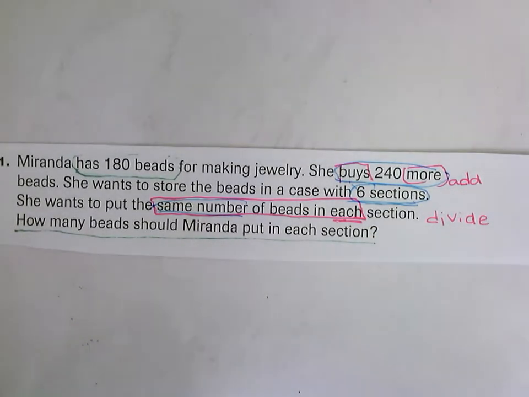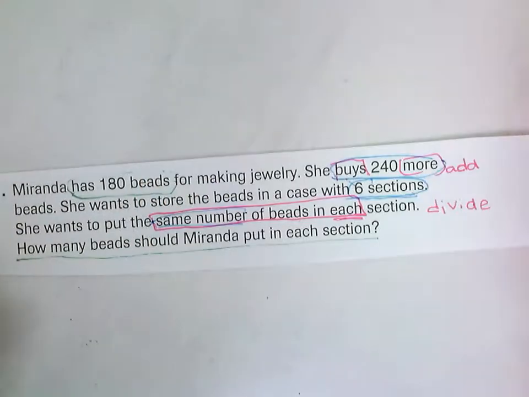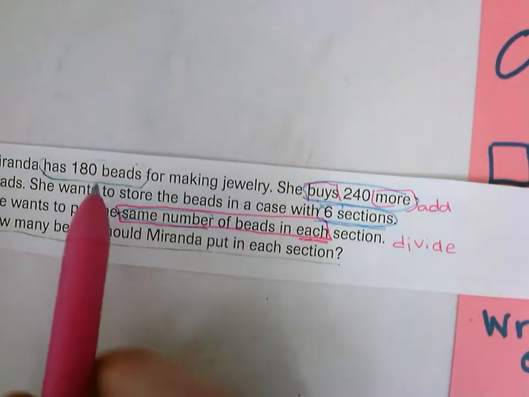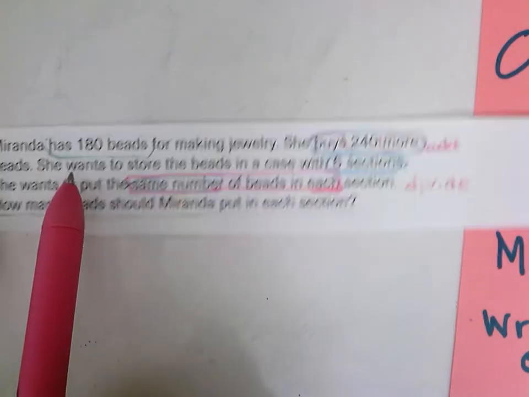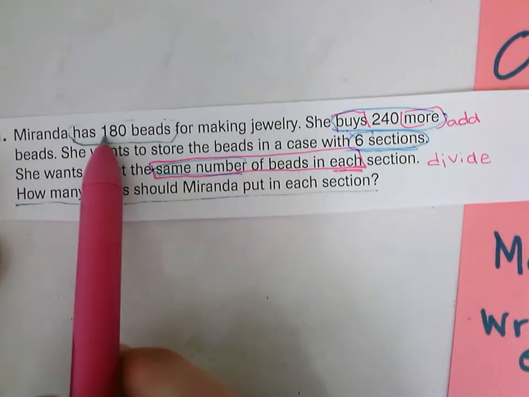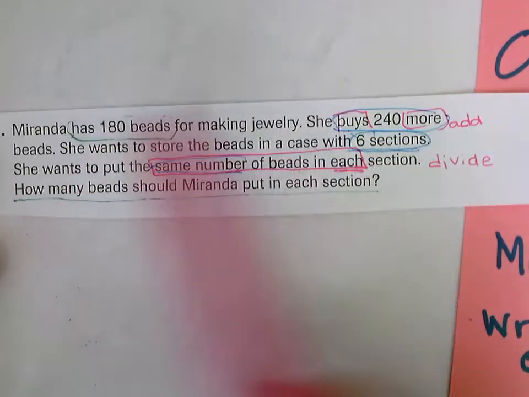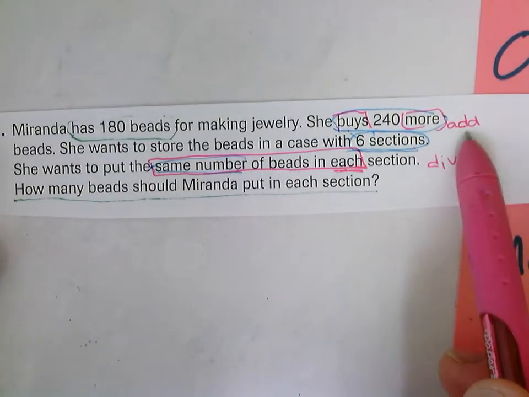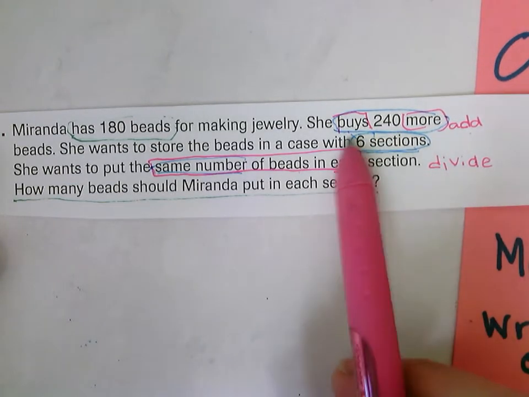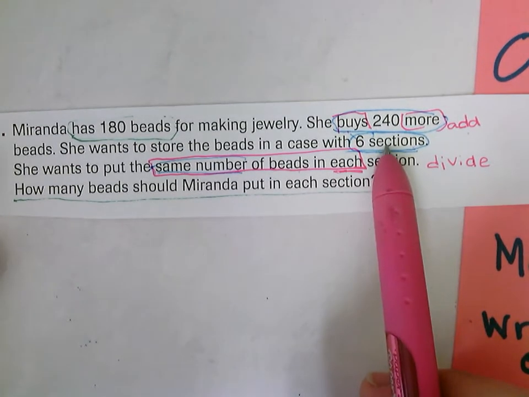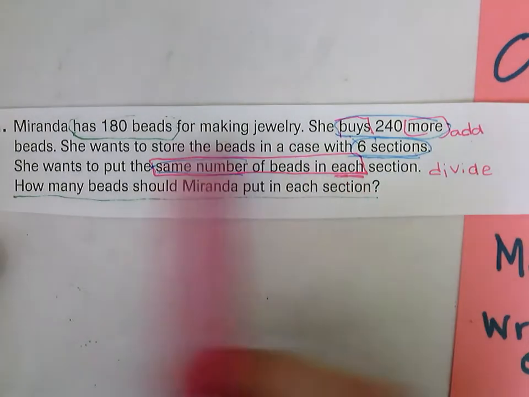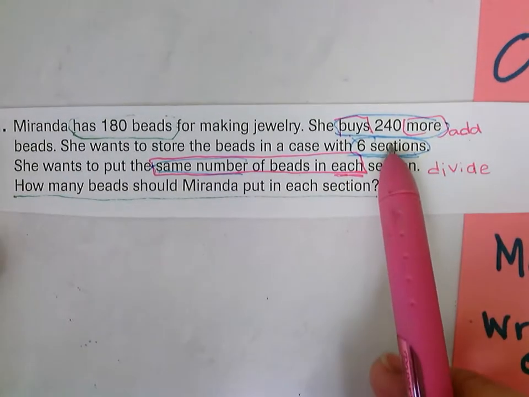So the next thing I'm going to do is make a plan. I'm thinking I'm going to have to figure out how many beads she has altogether. She has 180, and then she gets 240 more. So I'm going to add. Then I need to divide those by how many sections she has to put them in. So my plan is to add my beads, and then divide by the number of sections.